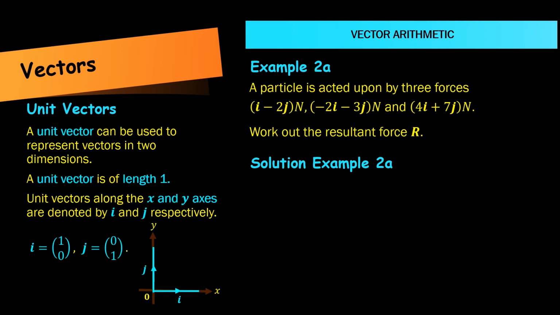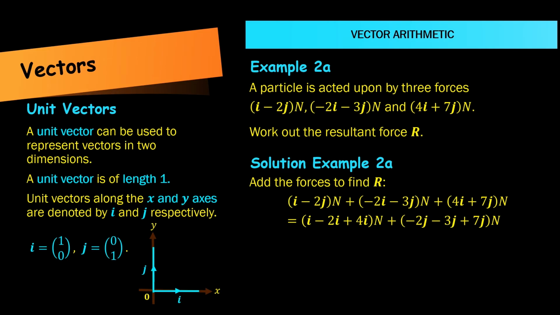So let's solve this. We add the forces to find R. Adding the i values together gives us i - 2i + 4i newtons. And adding the j forces together gives us -2j - 3j + 7j.